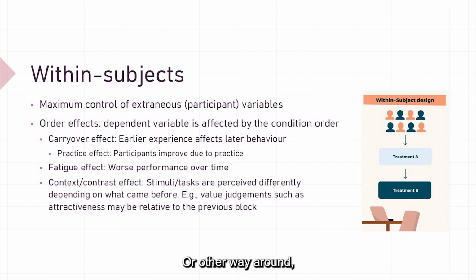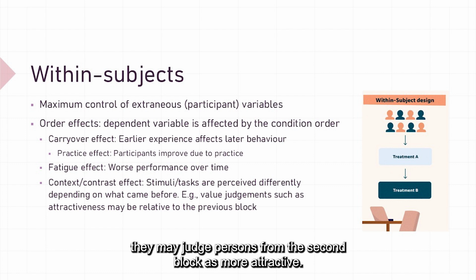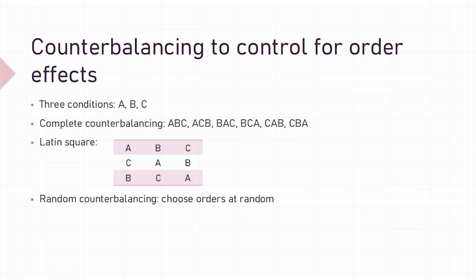Or the other way around. If in the first block our participants saw persons who are less conventionally attractive, they may judge persons from the second block as more attractive. Of course, those effects can be and should be controlled.